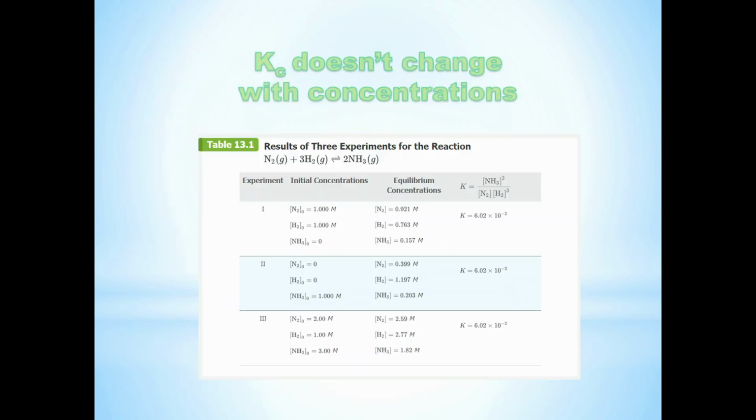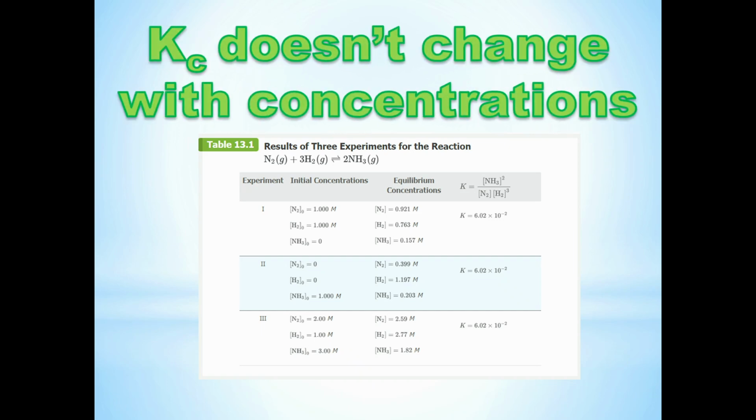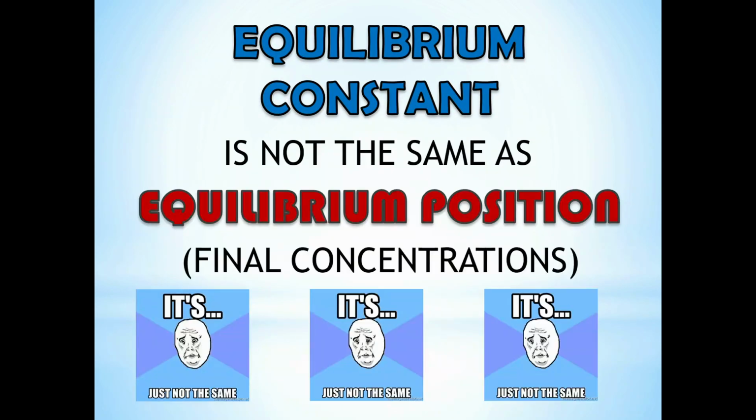Okay, now, Kc doesn't change. Whether I start with all products, all reactants, or a mixture of things, the equilibrium constant is a constant. It doesn't change. But the equilibrium constant is not the same as the equilibrium concentrations, the position of the equilibrium.